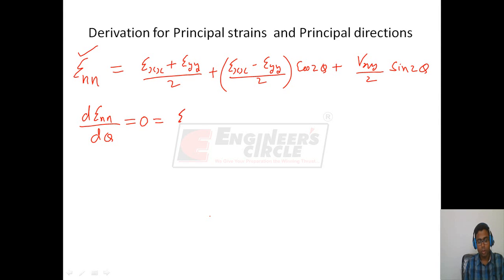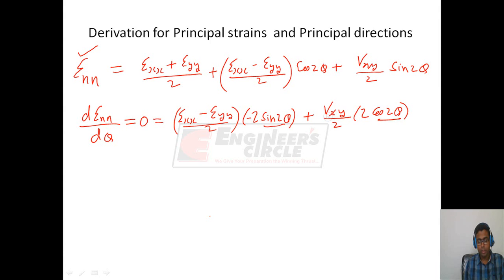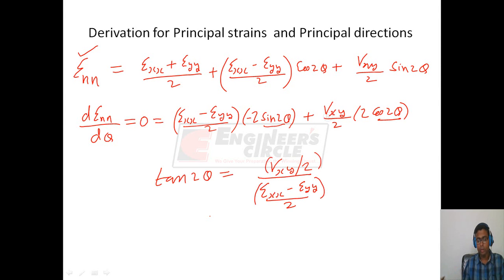We get (epsilon xx minus epsilon yy)/2 into minus 2 sin 2 theta plus gamma xy/2 into 2 cos 2 theta equal to 0. Sin 2 theta by cos 2 theta becomes tan 2 theta equal to gamma xy divided by epsilon xx minus epsilon yy. We divide here by 2 and here also by 2.